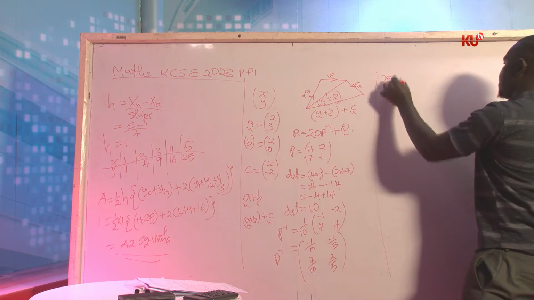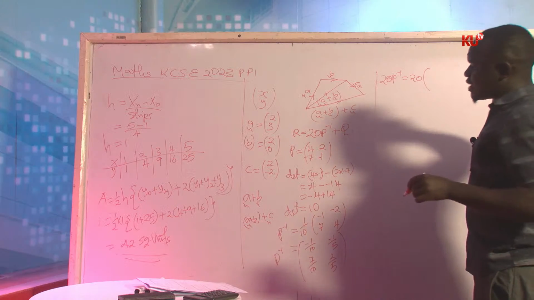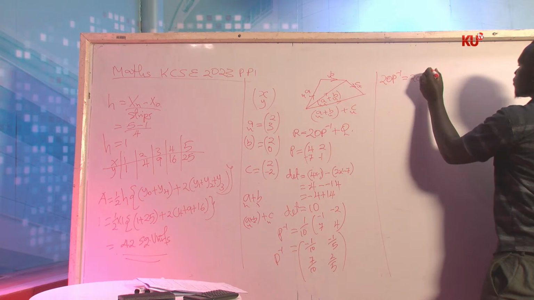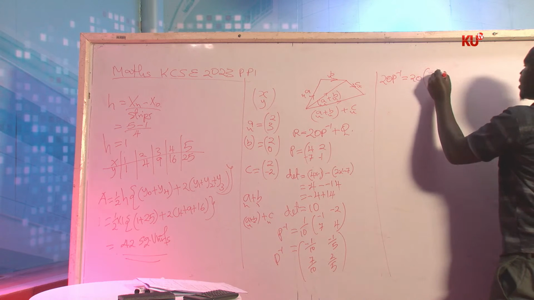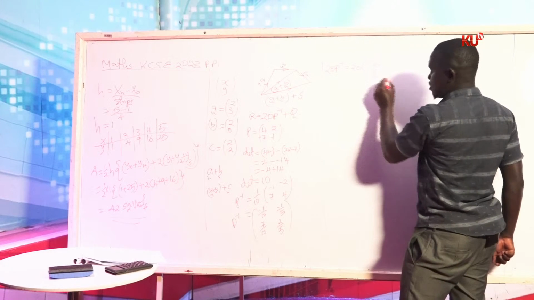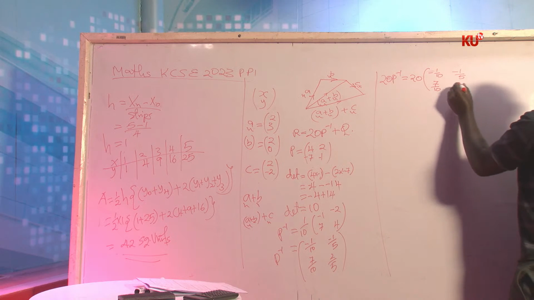So 20 P inverse simply means it is 20 times the inverse of that matrix P, which we've gotten as -1/10, -7/10, -1/5, 2/5.